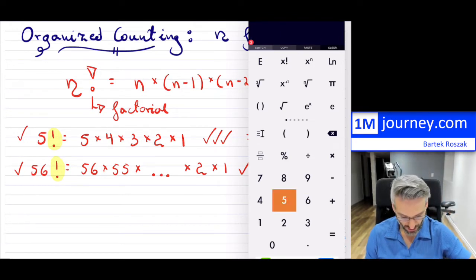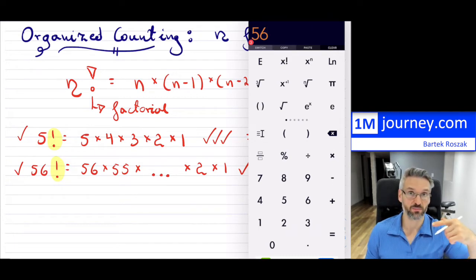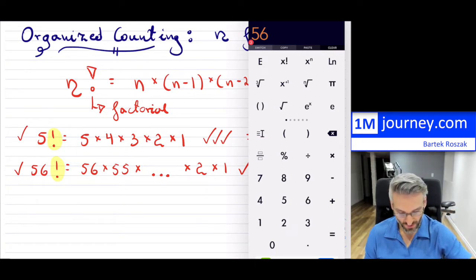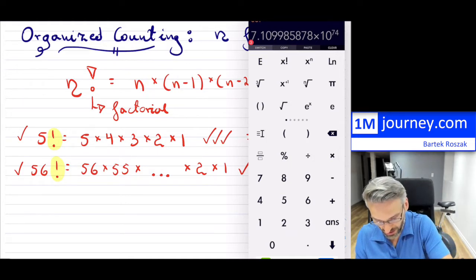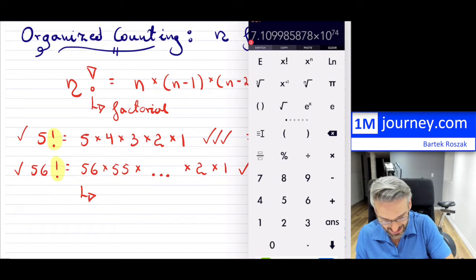Now, when it's bigger, notice it's going to start getting pretty large, right? Because if we had 6 factorial, 7 factorial, 8 factorial, remember, you're multiplying these things through. So if I take 56 factorial, it's going to be huge. Notice in this representation, they actually had to put it in scientific notation because that's how big it is. 7.1099, and it keeps going, multiplied by 10 to the power of 74.